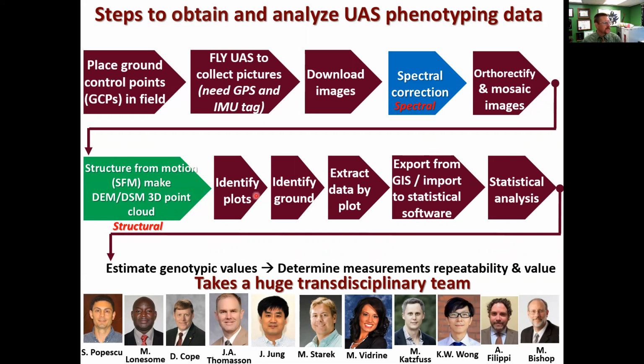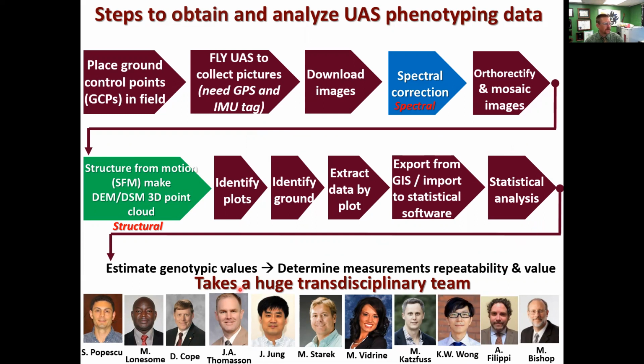From there, we start identifying the plots so that we can say what's in them and take the measurements from them. We need to identify the ground in the structure from motion and separate that from the plants, extract the data by plot, and then import that into some type of statistical software and run statistical analysis. All of this procedure, I really didn't know how to do and still probably couldn't do by myself.